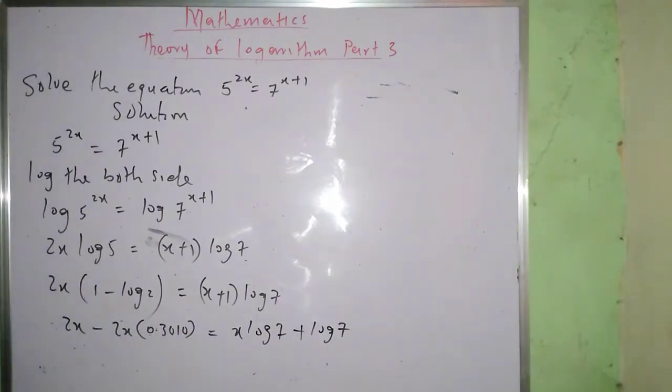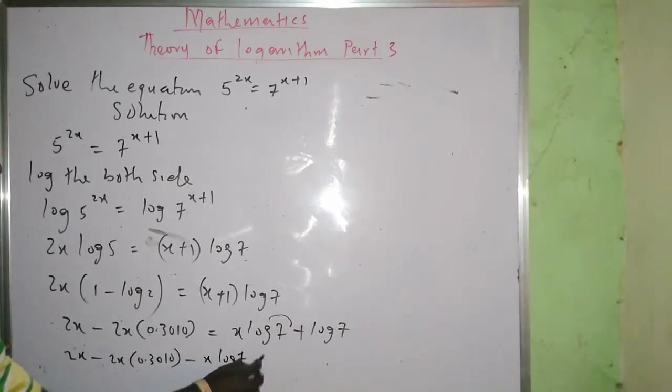Press your electronic calculator and get log 7 in decimal. I will now collect like terms: 2x minus 2x multiplied by 0.3010 minus x log 7. Log 7 should be around 0.8.